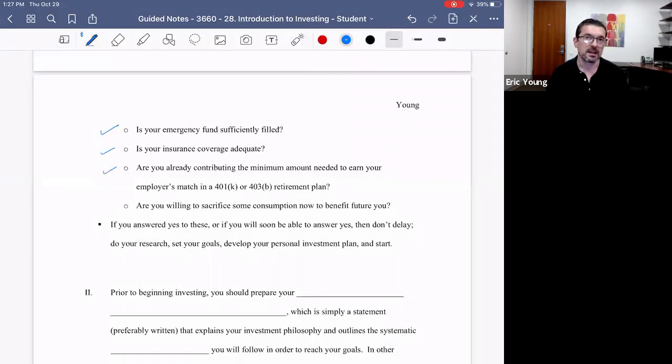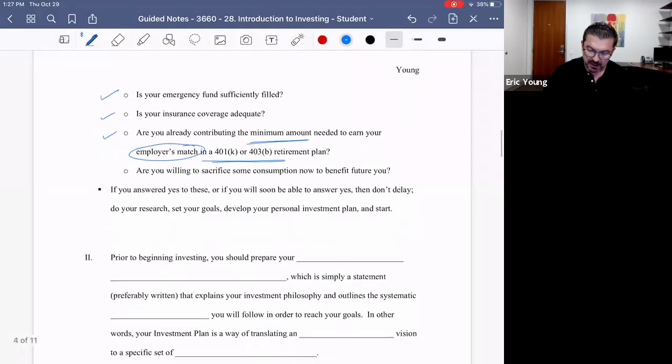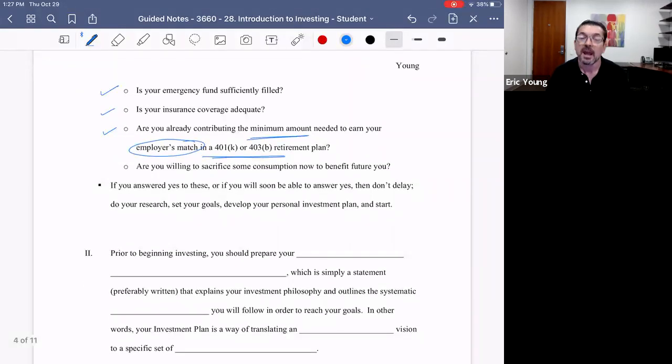If you're working, so if this is applicable, are you already contributing the minimum amount that's needed to your 401k or 403b plan in order to get that crucial free money known as the employer match? And finally, from a straight behavioral and mental perspective, are you willing to make sacrifices today to benefit future you out there?